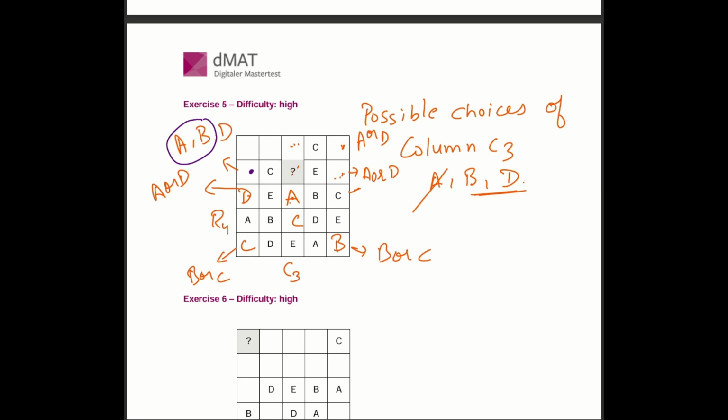For this, the choices that are left are B or D. For this, the choice left is A or D. Just a minute, B or D?